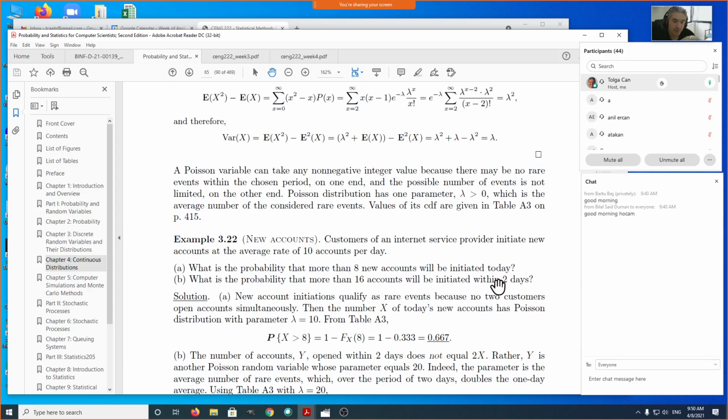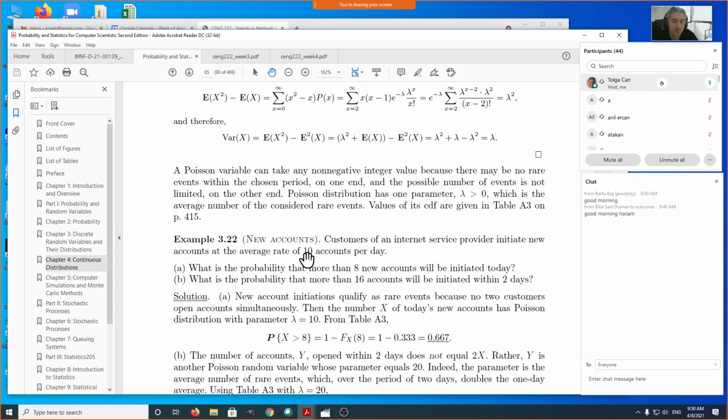So the thing that we need to be careful about is that when the time frame is extended or shrunk to a different amount than the one given in the question, we need to treat it as a separate Poisson variable with 2 times lambda, or whatever the factor is. For example, this is 2 days.